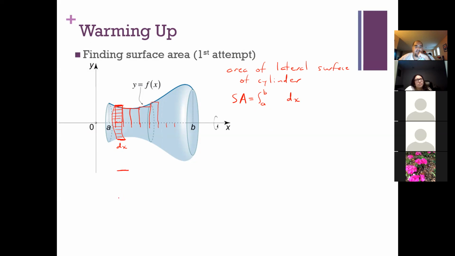Let's amplify this a little bit. I know this thickness is dx. So the other missing piece I need is, if I were to stretch this out, how do I find this length?